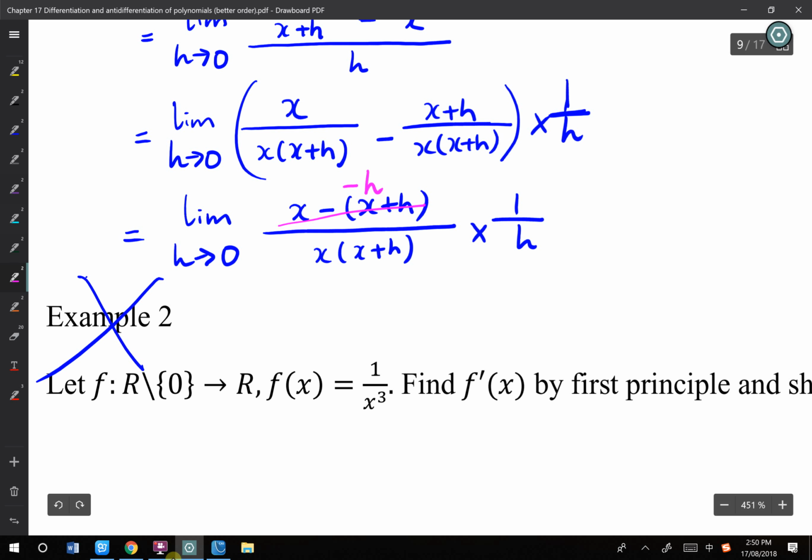Then minus h divided by h becomes a minus 1. The minus h and the h cancel each other, becoming a minus 1.